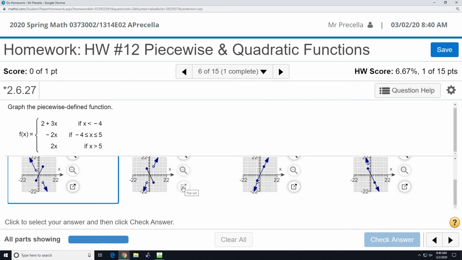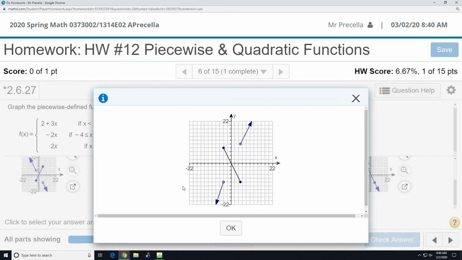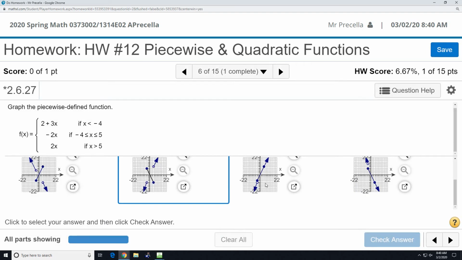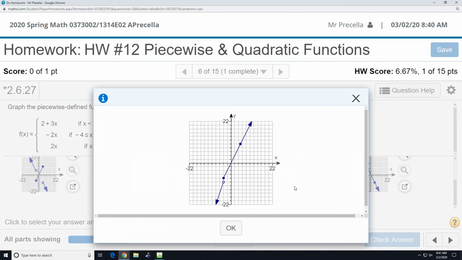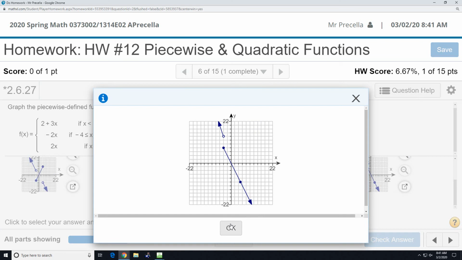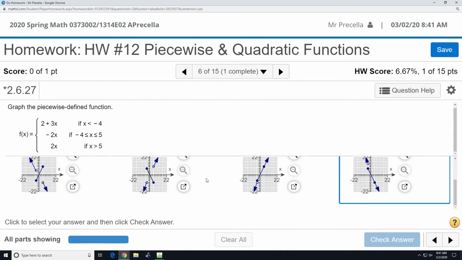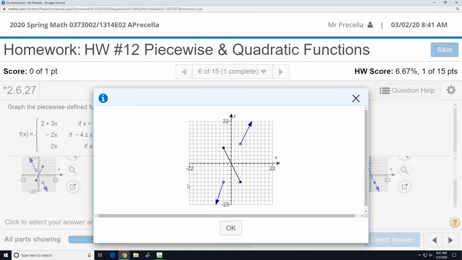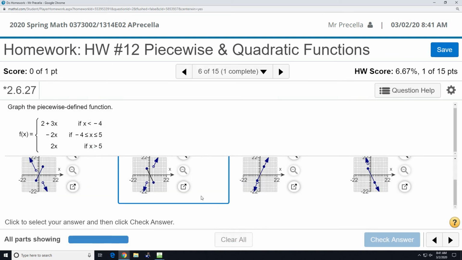Let's see, what about this? Hey, that looks good. Open circle, down, okay, I think that's it, but let's knock out the other ones. Not that one. And no. So it is this one here. Yes.